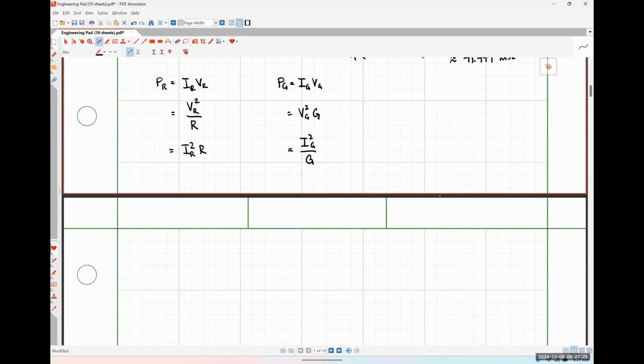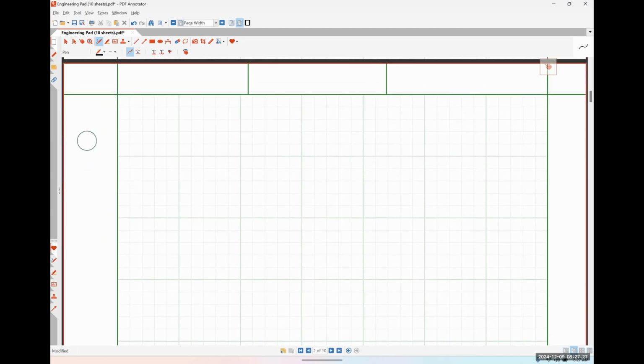All righty. So now let's do Kirchhoff's voltage law first. So in mathematical form, Kirchhoff's voltage law is as follows.